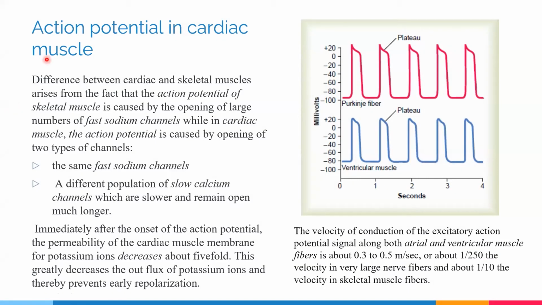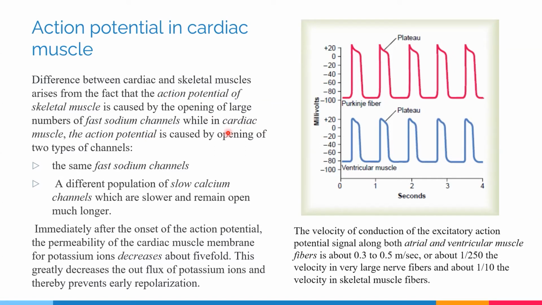Next, we will look into how exactly cardiac muscles are different from skeletal muscles, which causes them to have a longer period of contraction, and what exactly is the reason for this difference. The difference arises from the fact that the action potential of the skeletal muscle is caused by the opening of a large number of fast sodium channels, as we had seen in the previous video.